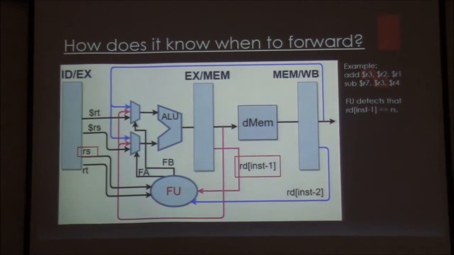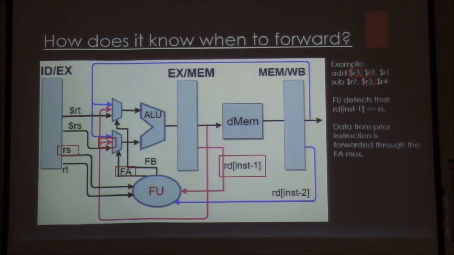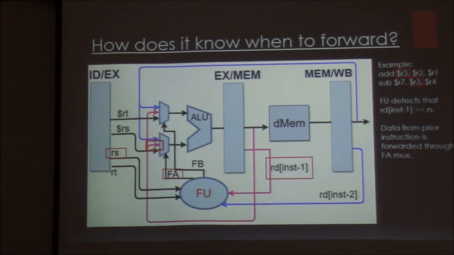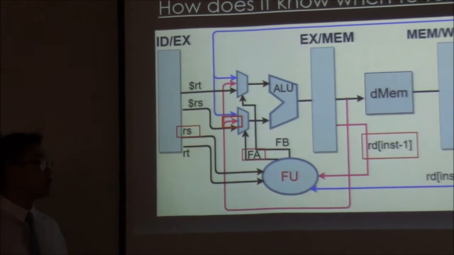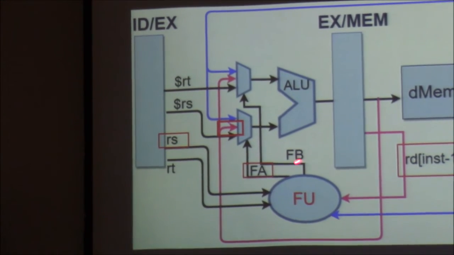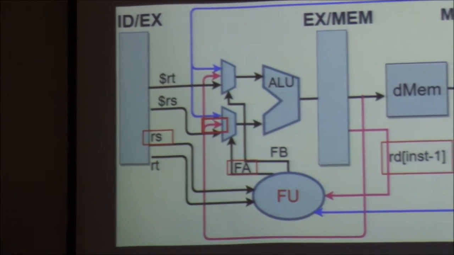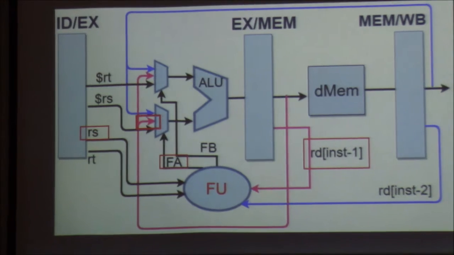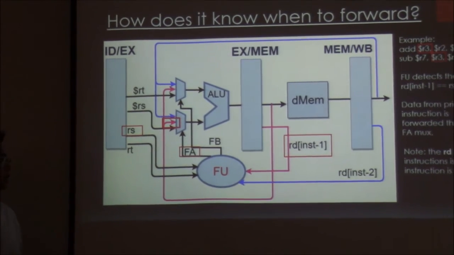In the case that it is RS, the data is forwarded through the FA mux, whereas if it was RT, it would be forwarded through the FB mux. It is also good to note that RD would be for R types, whereas RT would be the destination for I types.